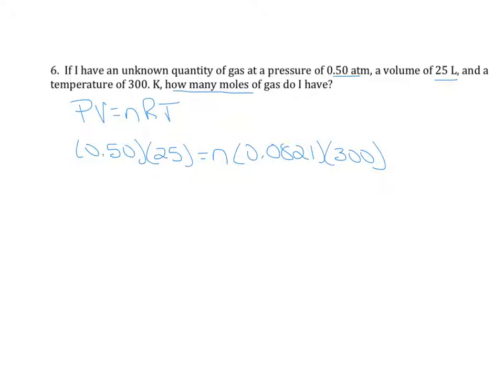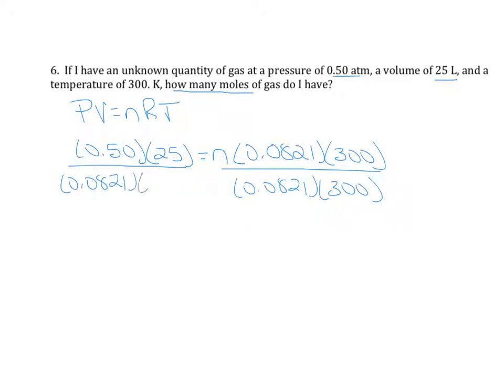All right, so you can do this one of two ways. You can either find out what 0.0821 times 300 is, and then divide PV by that one number, or you can just go ahead and move both of them at the same time, which is what I'm going to do just to conserve space here a little bit. So to get n by itself, we've got to divide both sides by 0.0821 times 300.